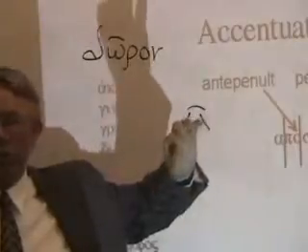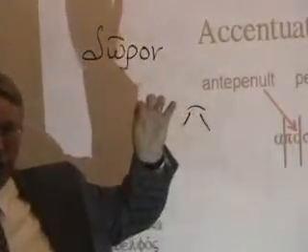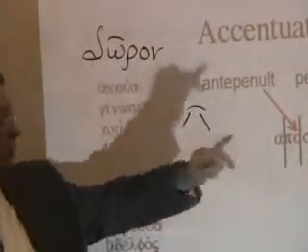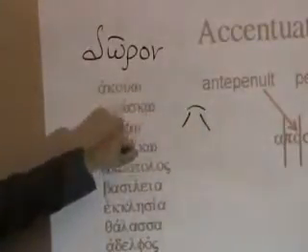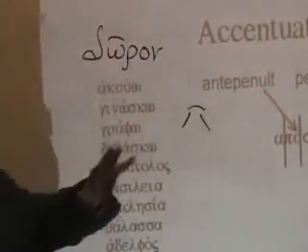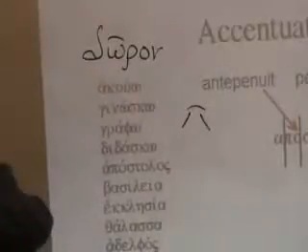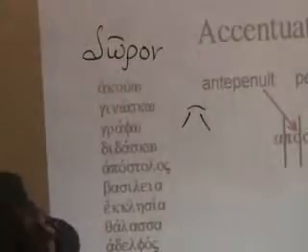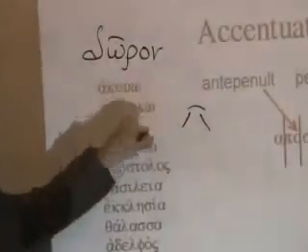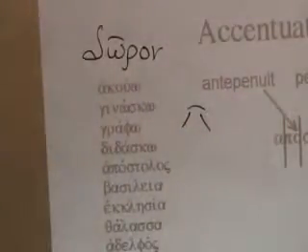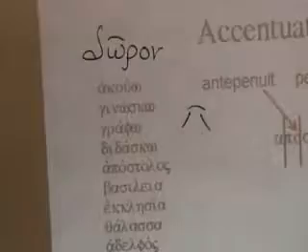Remember, it has to be on a long syllable. Acute accent, this thing here that keeps showing up again and again, can be on short or long. It can occupy any of the syllables, the ultima, the penult, or antepenult. See? It can be in any of them. It moves as far away from the ultima as possible.